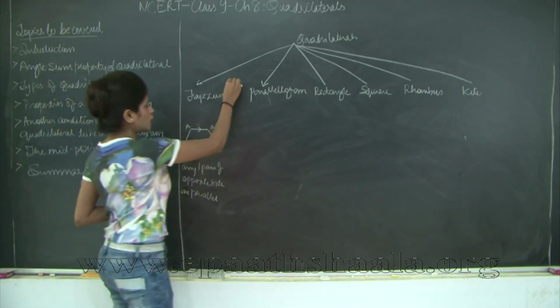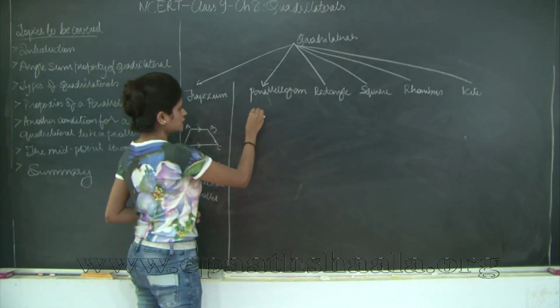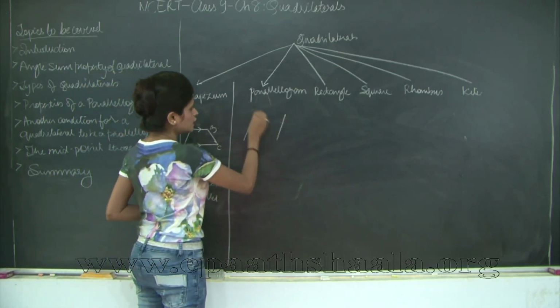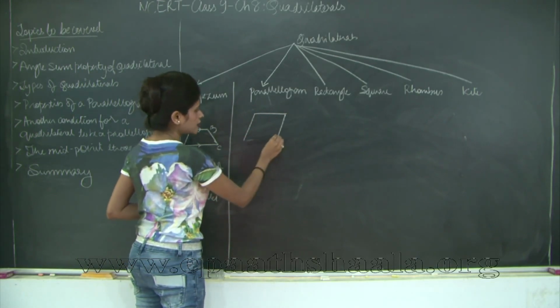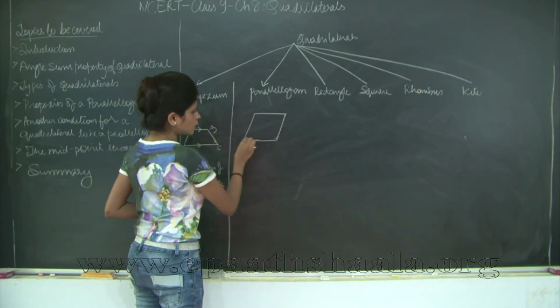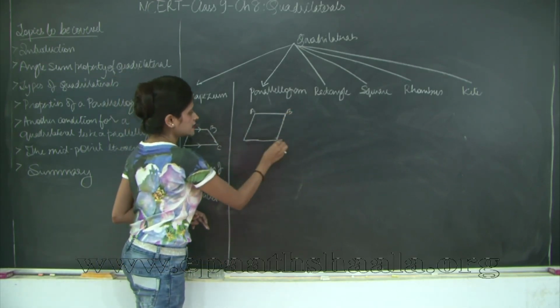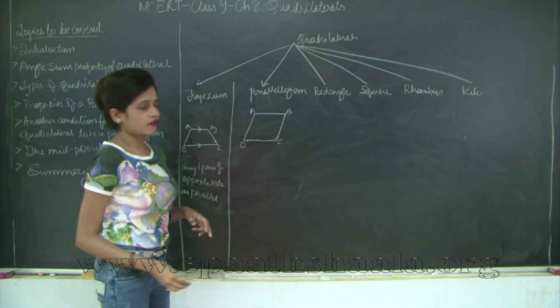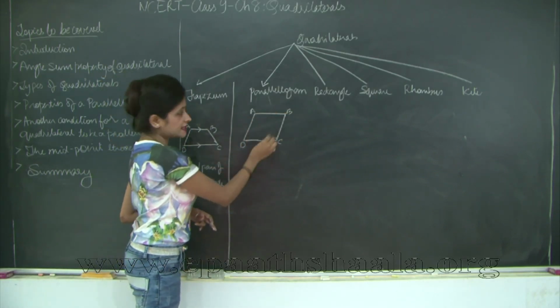Then let's move on to what a parallelogram is. A parallelogram is a quadrilateral in which the pairs of opposite sides are parallel. So both the pairs are parallel. Which are the two pairs that we get? If I have my quadrilateral ABCD, which are the two pairs of opposite sides? I have AB and CD as opposite sides.